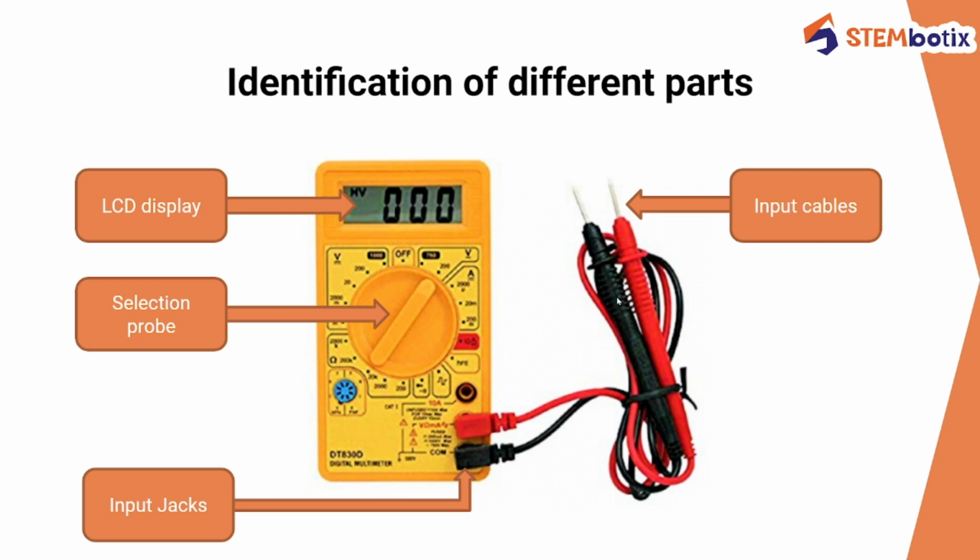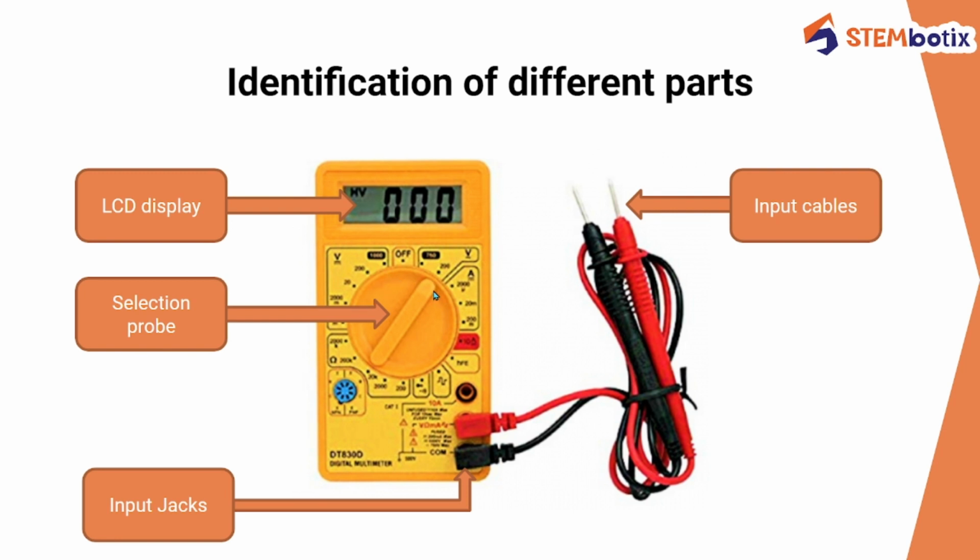To measure the different electrical quantities, you will need these cables. Here, this is the LED LCD display on which you will get your output. Whichever quantity you are measuring, it will indicate its value over here. As this is a digital multimeter, it will give digital output only.